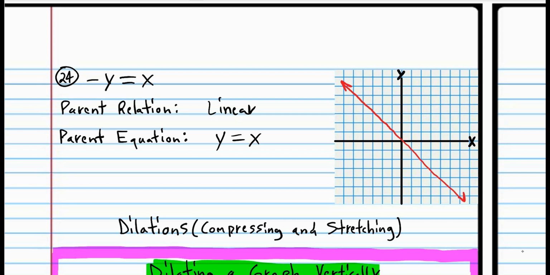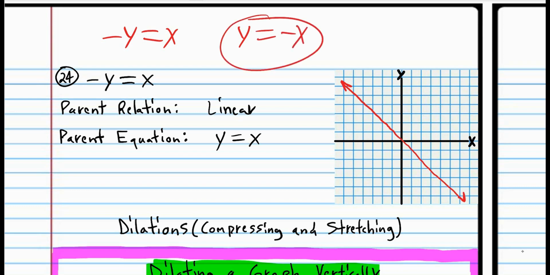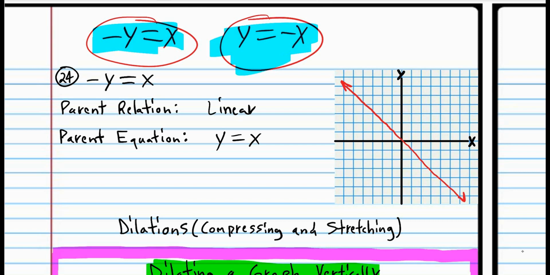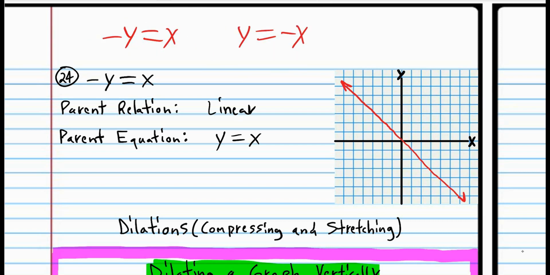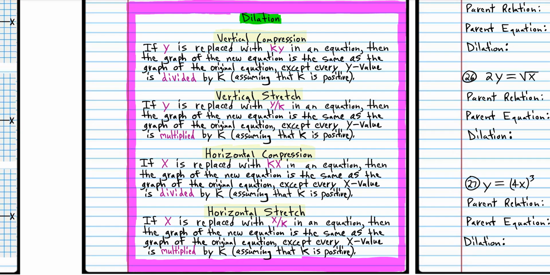That's because negative y is equal to x is the same thing as y is equal to negative x. These equations are actually the same exact statements. If you multiply both sides of 1 by a negative, then you get the same equation, because remember, you can do something to both sides of the equation. It's not going to change the equation. So if you got that answer, good job.